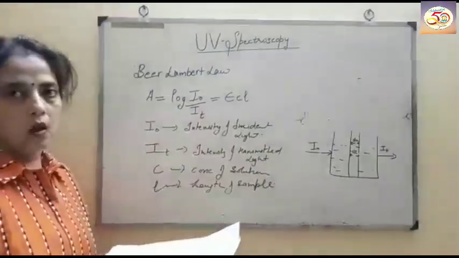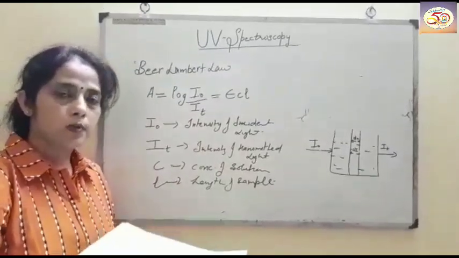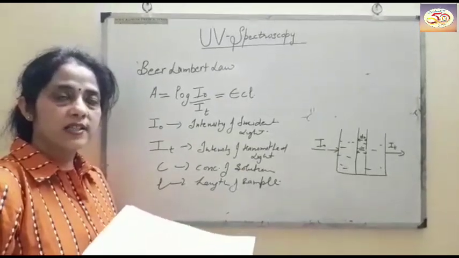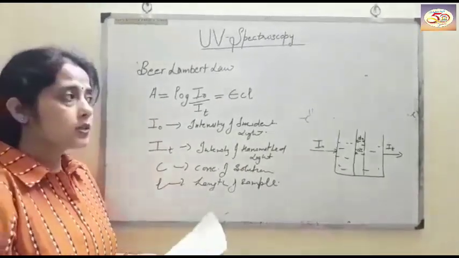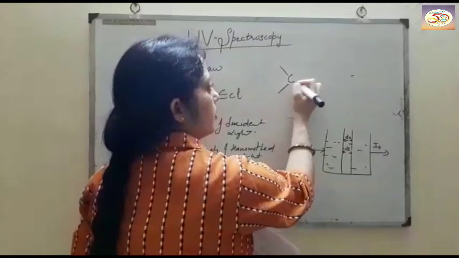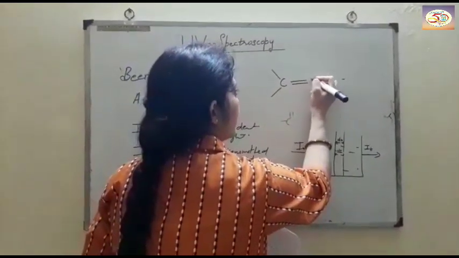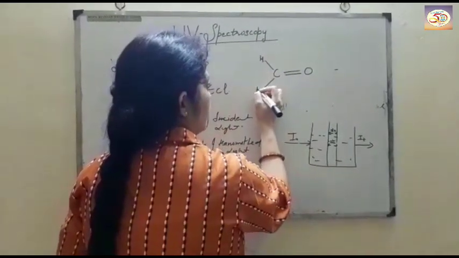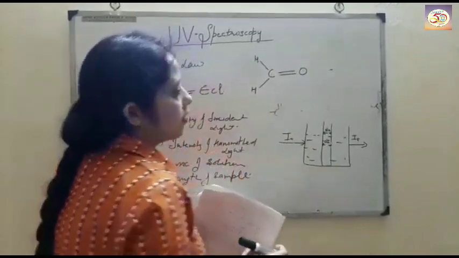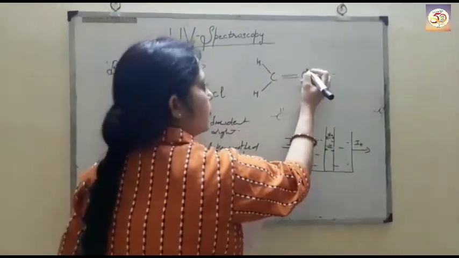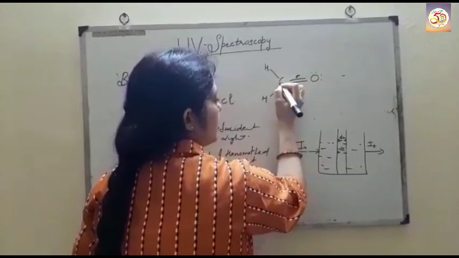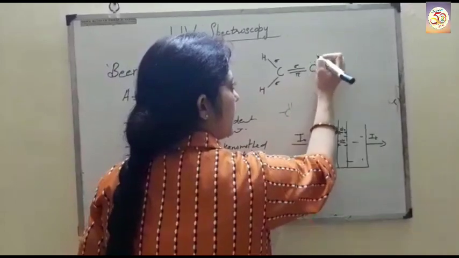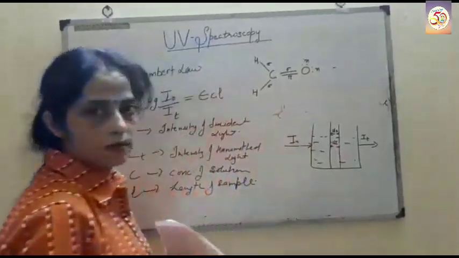These were the laws. Now we will study the types of transitions which are possible in a compound while studying UV spectroscopy. For example, if we take a formaldehyde molecule, in the formaldehyde molecule we have three types of electrons present: sigma, pi, and non-bonding electrons.